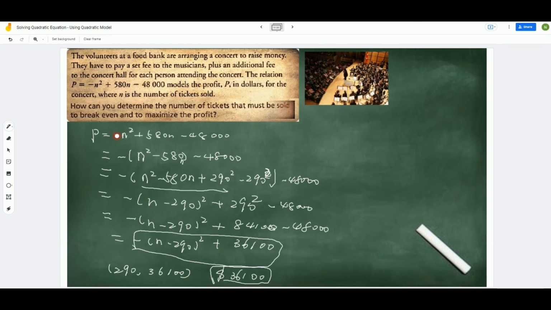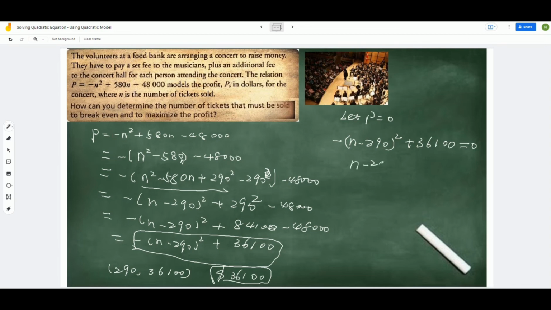To break even, P equals 0, and we use the vertex form to make it easy: negative, n minus 290 squared, plus 36,100 equals 0.